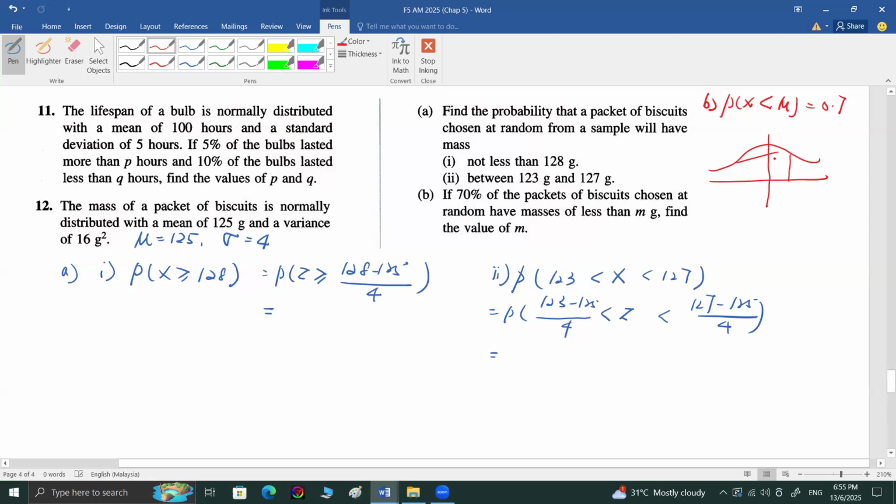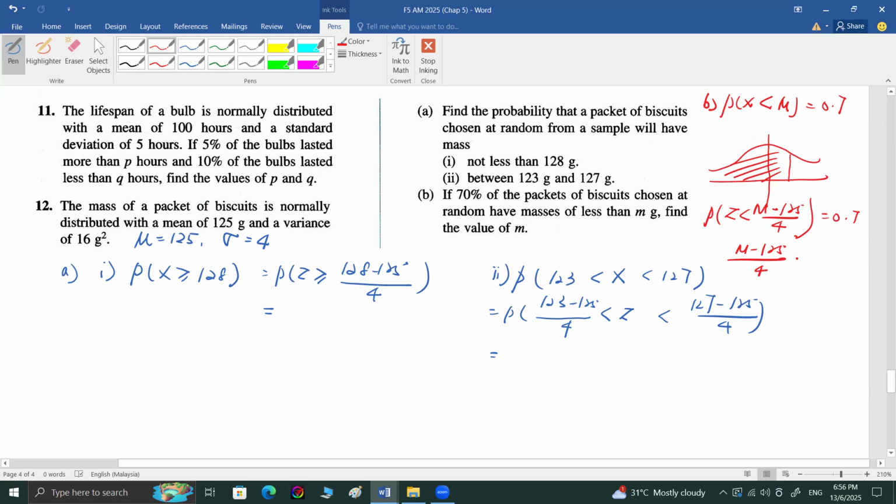maybe here, where the area is more than half. So I know that the region here is positive value. Okay, positive value. So later when you get from your table, there's no need for you to apply the negative anymore. And what I meant, this value you get, you show that it's positive. Remember I said just now, if it's negative, you either can put a negative here or negative here, right?